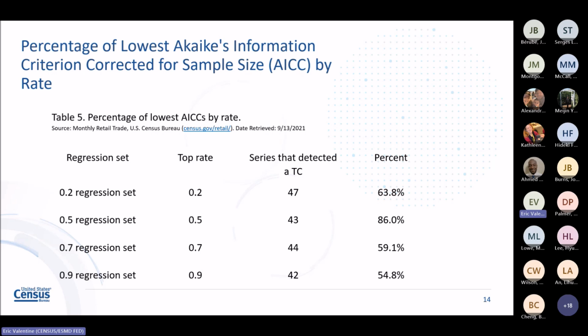The rates that produced the minimum AICCs for each regression set were the rates associated with each regression set. So that means the rate 0.2 was best with the 0.2 regression set, and rate 0.5 was best with the rate 0.5 regression set, and so on. This wasn't surprising, but what was interesting is that the 0.5 rate had the highest percentage of minimum AICCs in these cases with 86%.